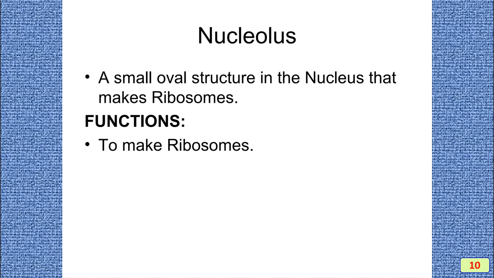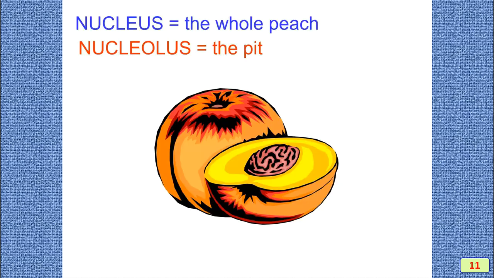So it is the one which prepares the ribosomes, and because of the ribosomes there is synthesis of proteins in the body. Here the nucleus is the whole page, for example, and the nucleolus is a small pit inside it.